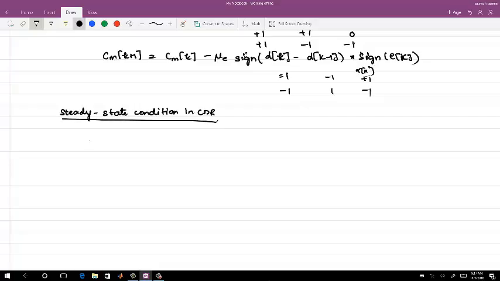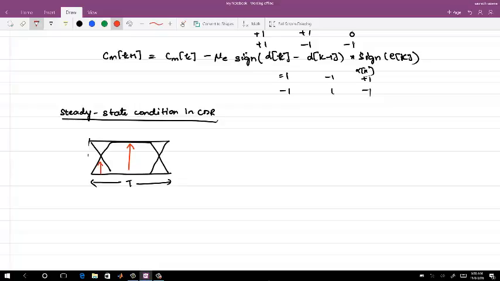Let's say this is the input of the CDR. This is the input I, which is T period wide. Your data sampling edge is here and your clock sampling edge is here.